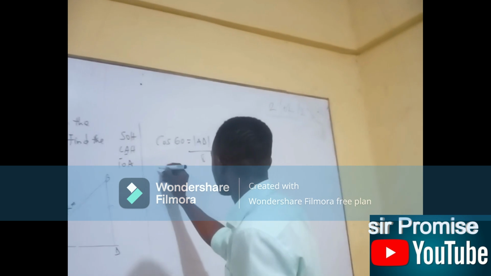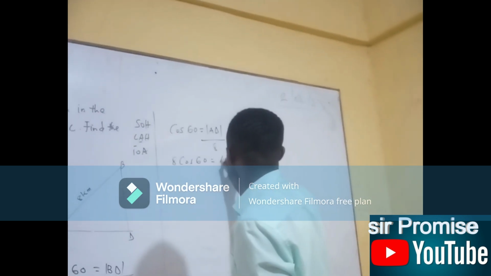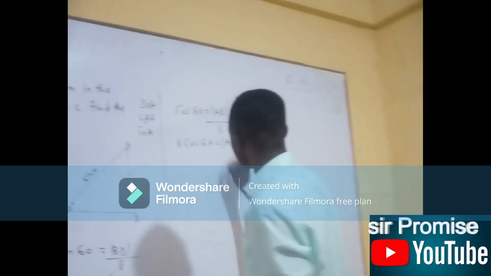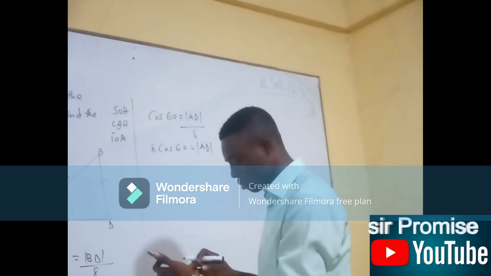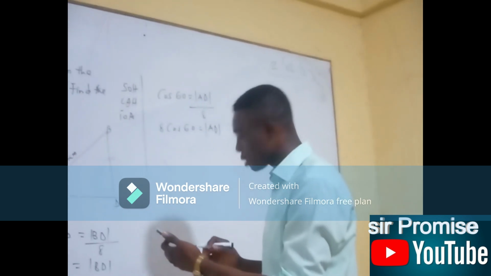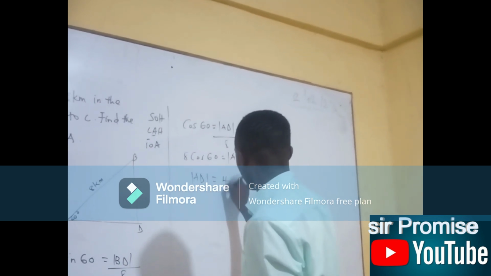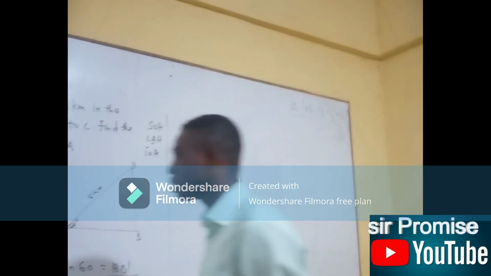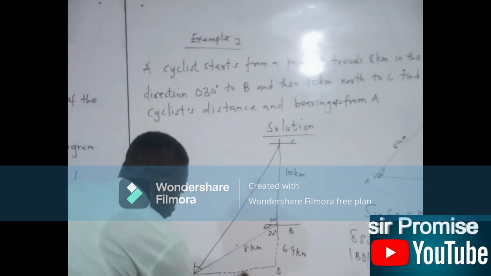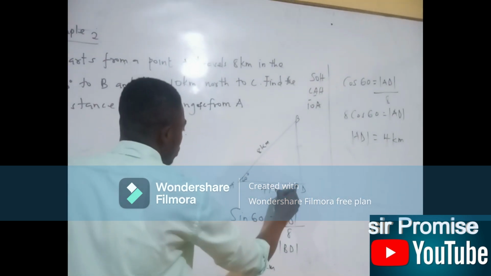So 8 cos 60 is equal to the line AD, which is going to give us 4. So here is recorded to be 4 kilometers. The same thing, 4 kilometers here.